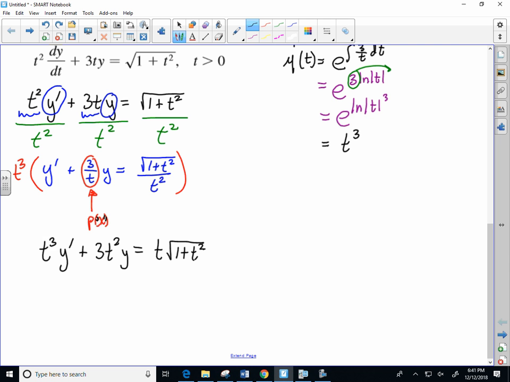The left-hand side should be the expanded form of the product rule. Right? So if that's the case, then it must be the first function multiplied by the derivative of the second function. So this is the derivative of the second function.